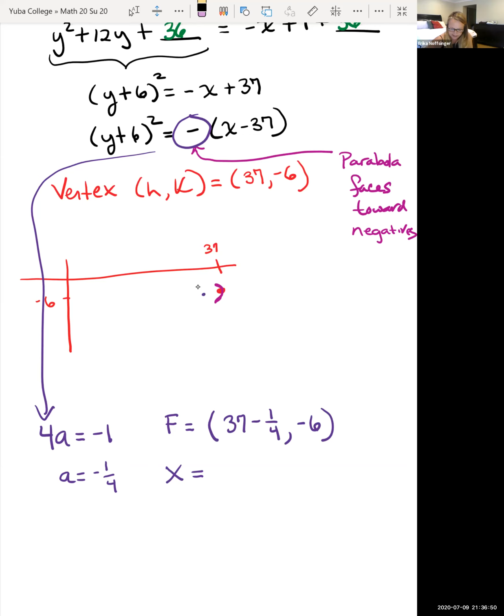So really it's actually kind of close in there, huh? And so my directrix is going to be a vertical line, so it's x equals. Basically we're just adding 1/4 to my 37.